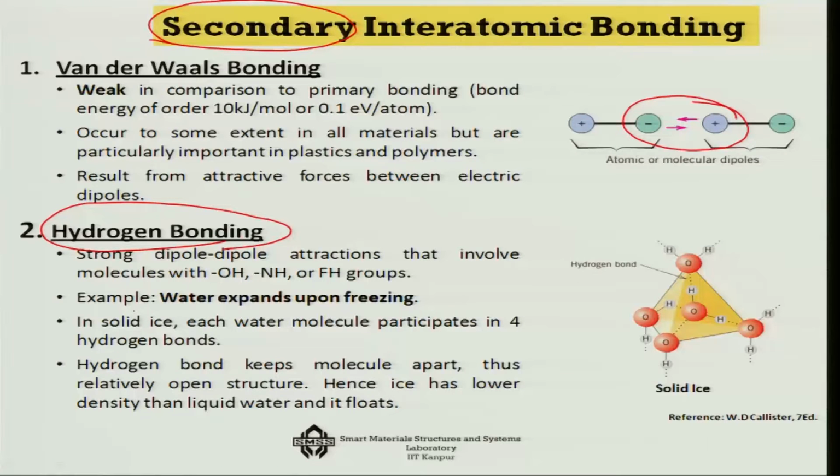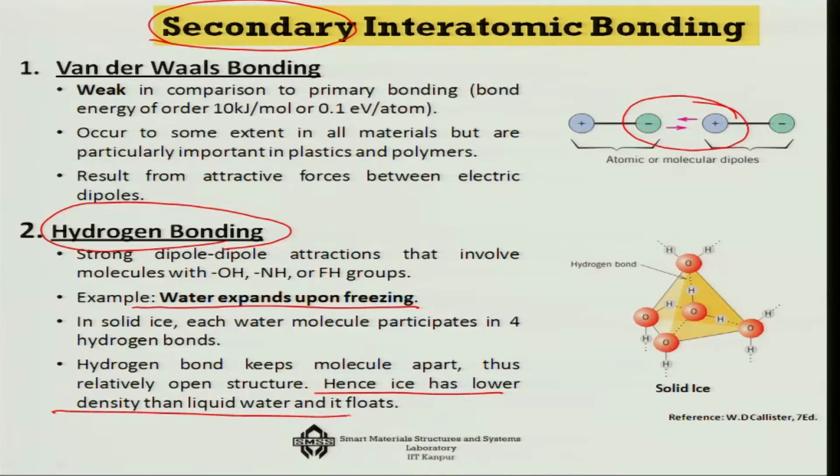This happens in, for example, water, and that is why it expands upon freezing, because that kind of very weak bond is found when the water freezes. In fact, that is why ice has lower density than liquid water, because at that time the hydrogen bonds form, and that gives a very low density to the system.